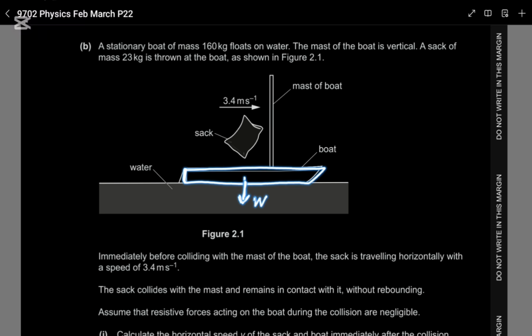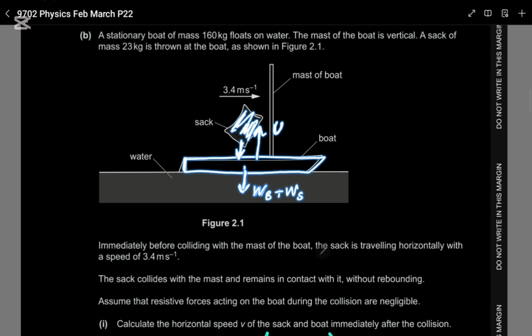Now when it's at rest, the weight of the boat plus the weight of the sac, because the sac is part of the boat now, must be equal to the upthrust.